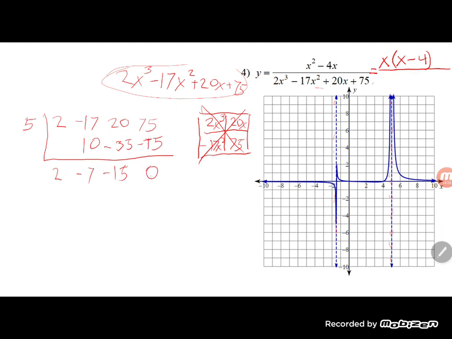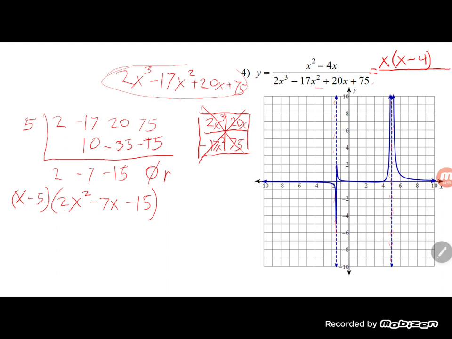That's beautiful, because it means it's evenly divided, and what we are left with is x minus 5, and then a 2, a -7, -15. Remember to find the x values on those, we count up from the remainder, so constant, x, x squared. And that's the polynomial that we get. It looks beautiful, but we're not done yet.